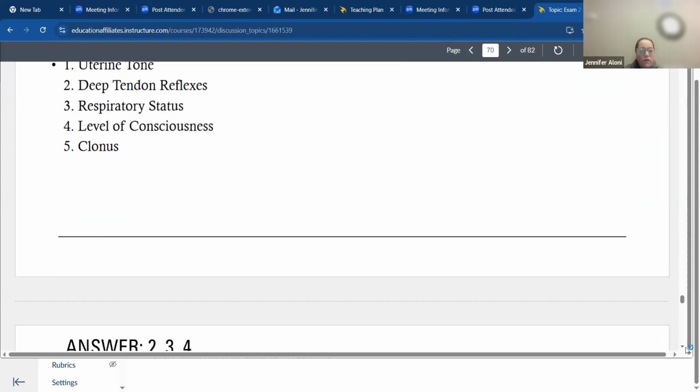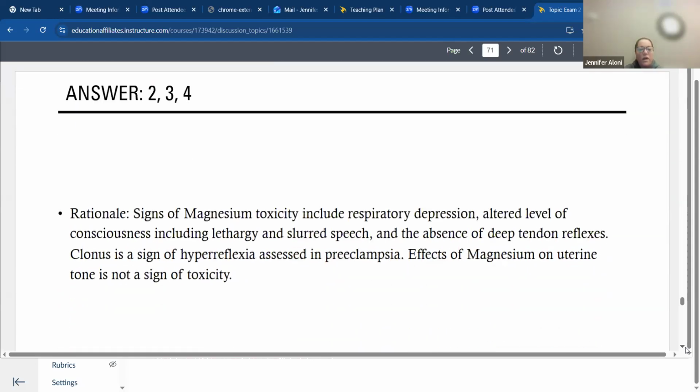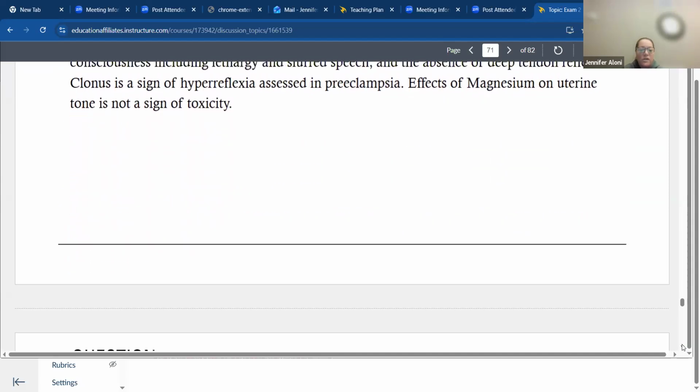Yeah, 2, 3, 4, and why 2, 3, and 4? Because our signs of mag toxicity are going to be respiratory depression, altered level of consciousness, lethargy, and absence of deep tendon reflexes. All of those need to be checked constantly, okay? Usually protocol is every 4 hours if they're on mag.